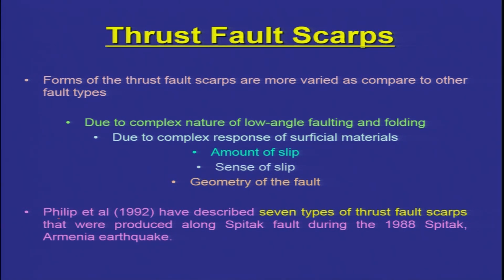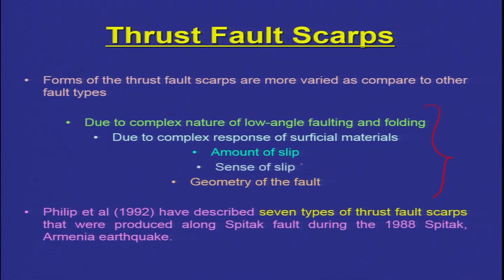Okay. So in 1992, Philip and his team described 7 types of thrust fault scarps that were produced along the Spitak fault during 1988 in Armenia, and this is one of the best examples which explains that because of these parameters, the nature of low angle faulting and folding, response of the surface material, amount of slip, sense of slip, and geometry of the fault.